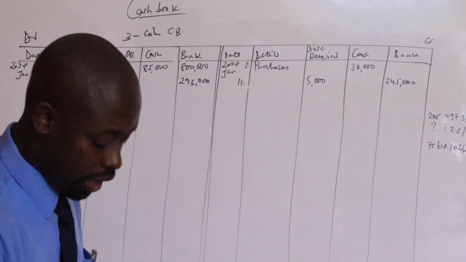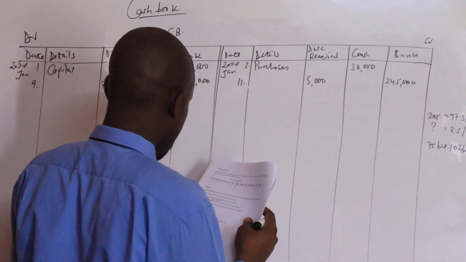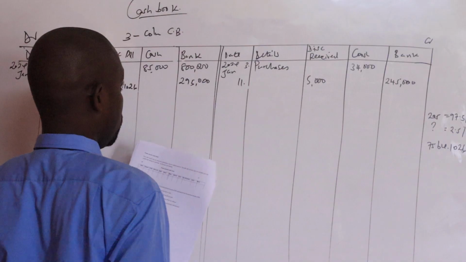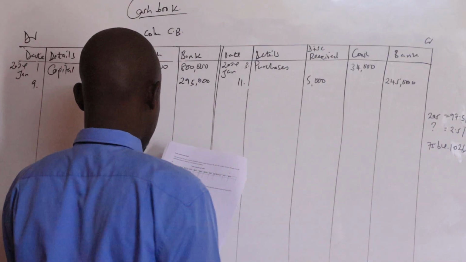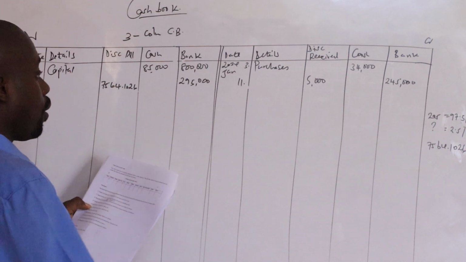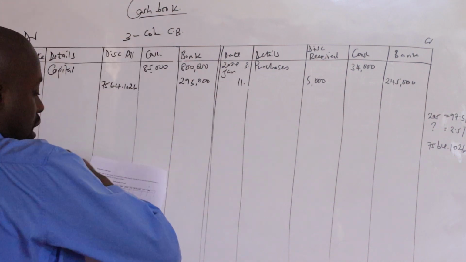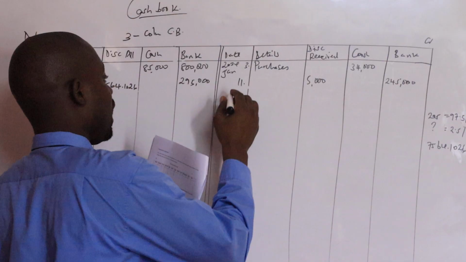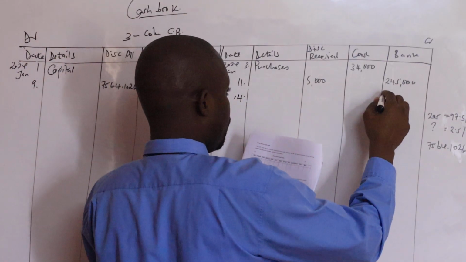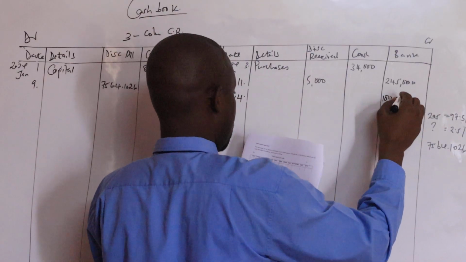Next is on 14th. Withdrew 100,000 for office use. That is, took 100,000 from the bank to the business. So we first of all go to the bank and get that money from there. Bank account we shall reduce by 100,000.